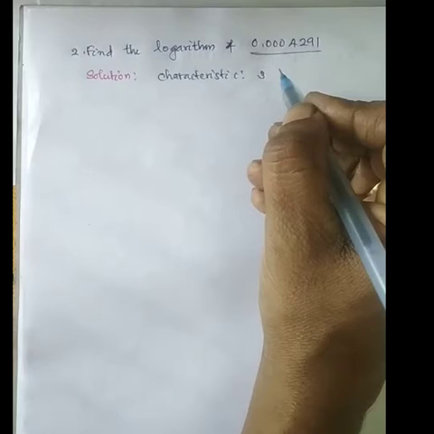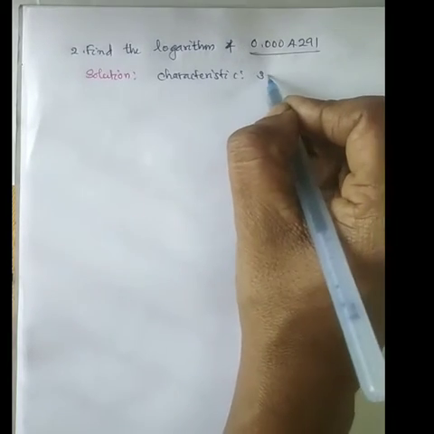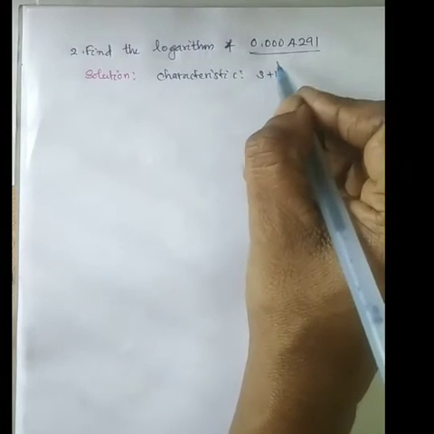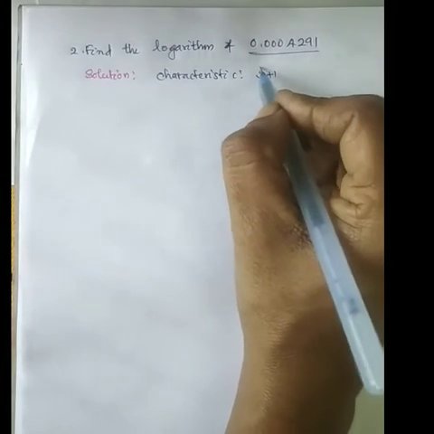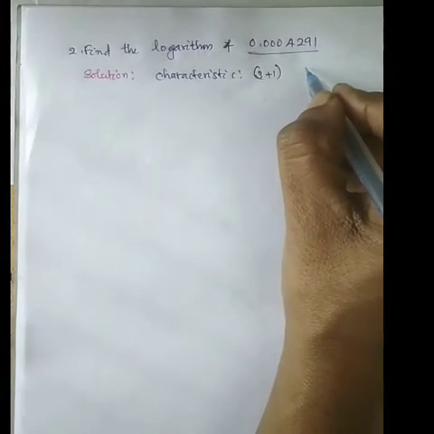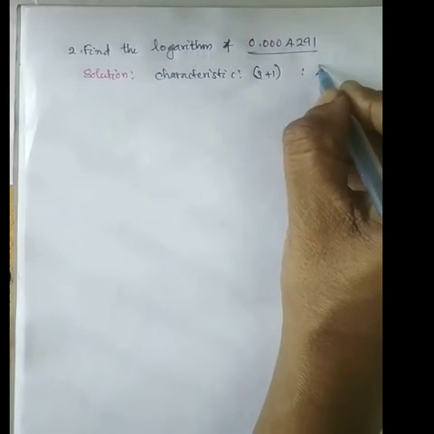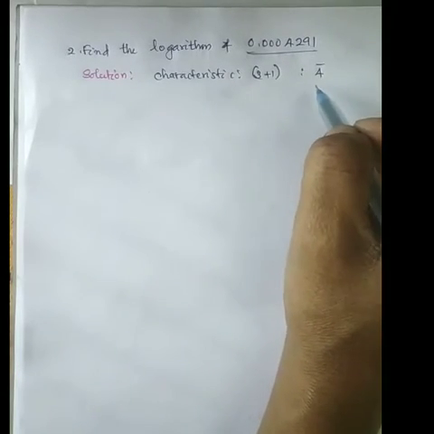Hence, the characteristic of the given number is obtained by adding 1 to the number of zeros after the decimal point. Here it is 3 plus 1. Therefore, the characteristic of the given number is 4 bar.